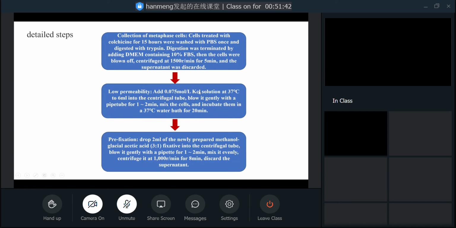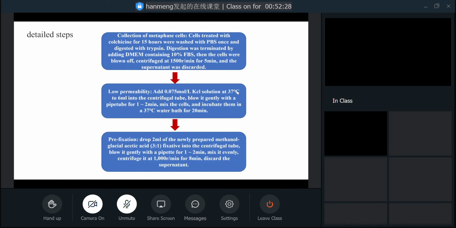The potassium chloride solution is pre-warmed at 37 centigrade.